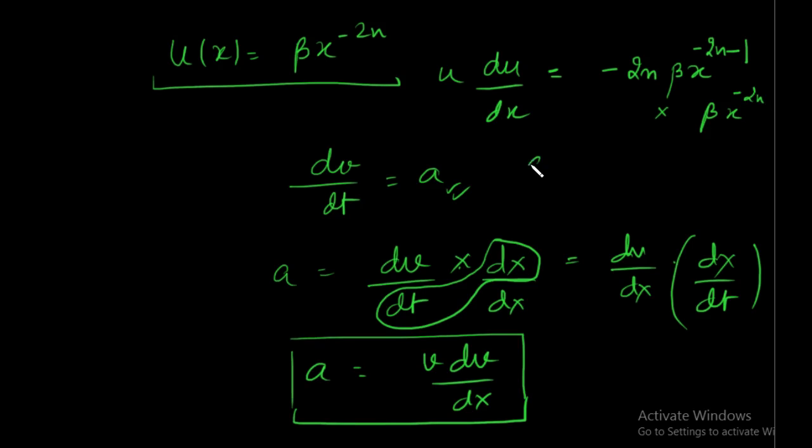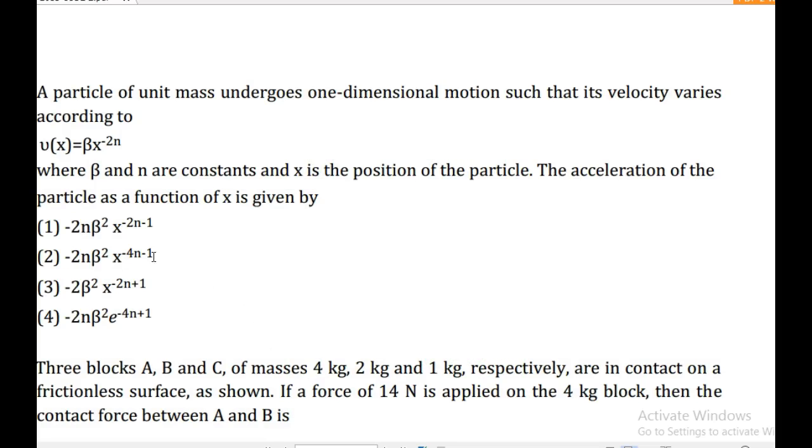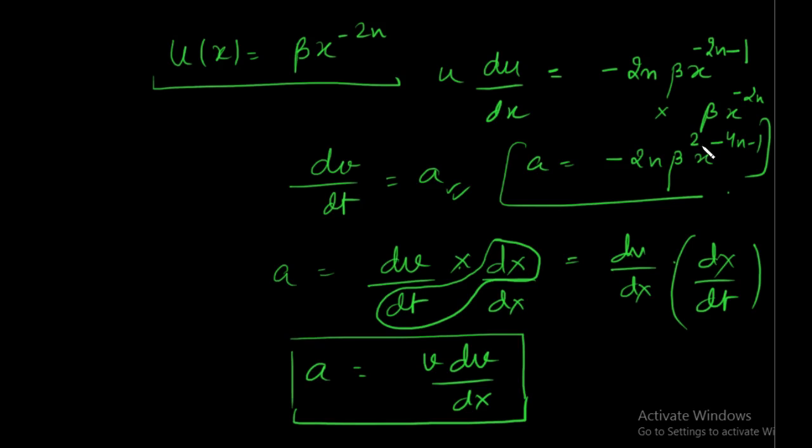So we get a equal to minus 2n beta square x to the power minus 4n minus 1. So this is the answer. The second one is our answer. Minus 2n beta square x to the power minus 4n minus 1, and here it is minus 2n beta square x to the power minus 4n minus 1.